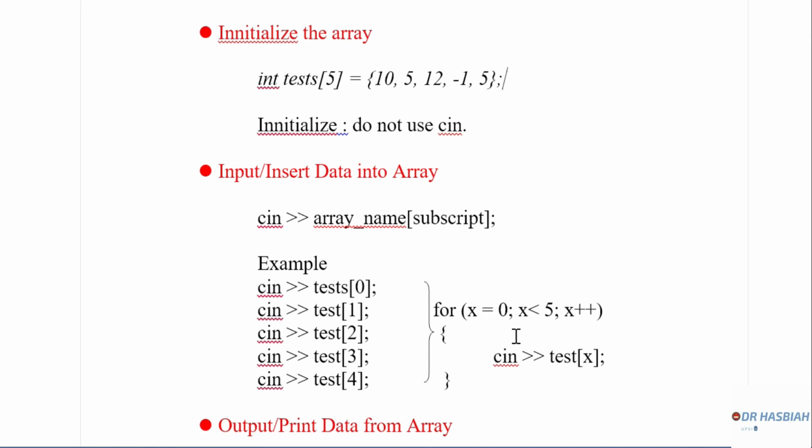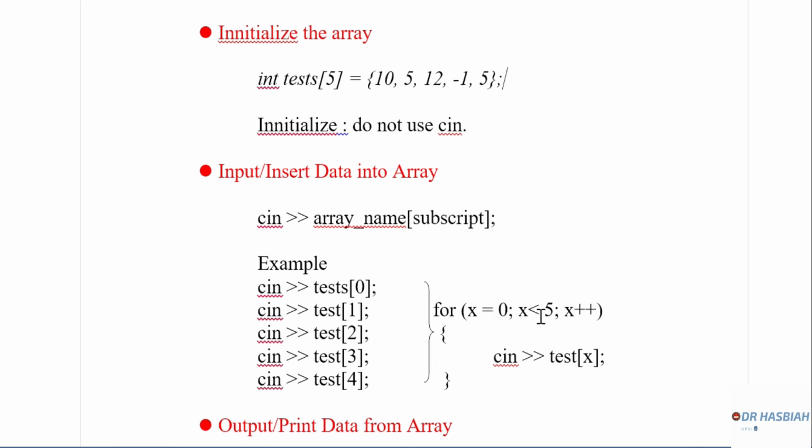But you have to make sure it must start from 0, because the index of our array, the subscript of our array, starts from 0. You can use y, or z, or student. Let's say you want to change to for student equal to 0, student less than 5, student plus plus. Cin test here should be student. So it depends on whatever variable you use in this for here.